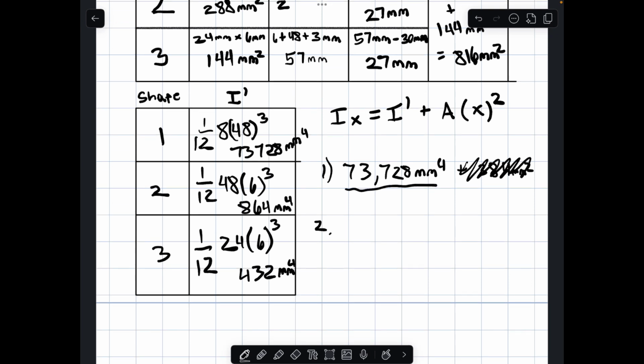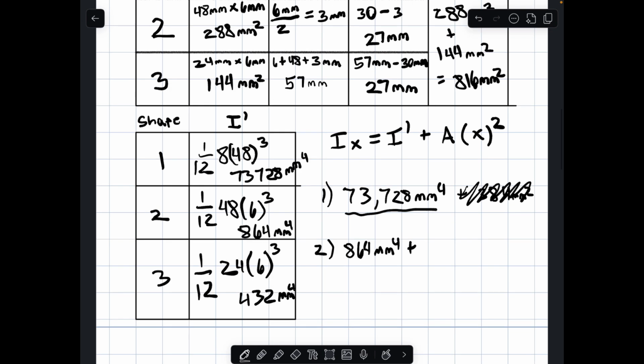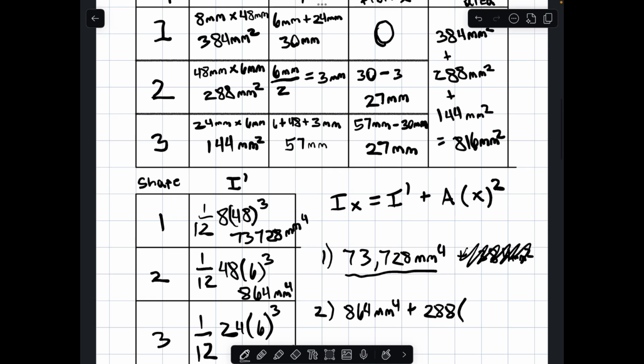Now for shape 2, that would be 864 millimeters to the 4th plus the area times 27 squared.